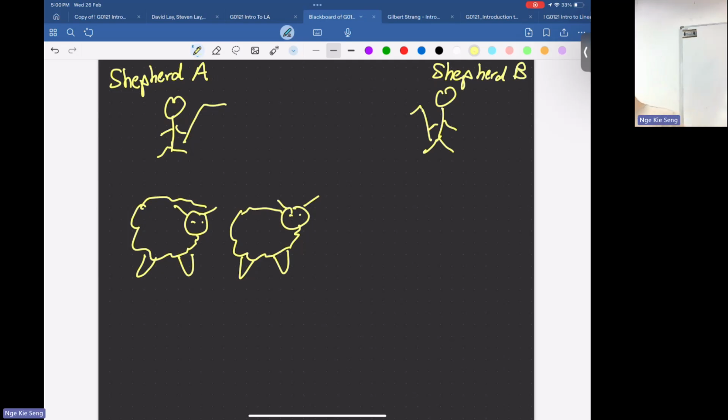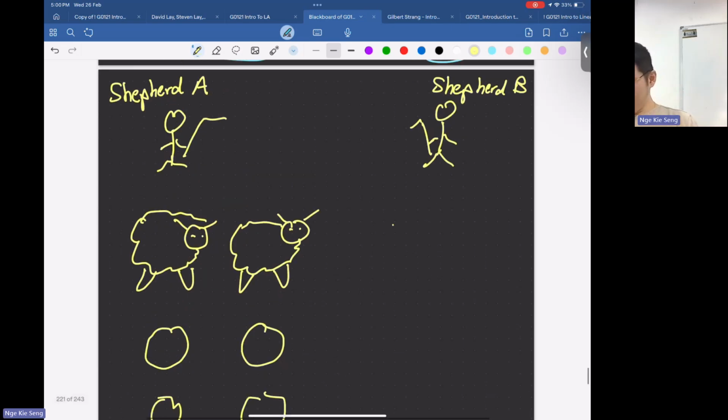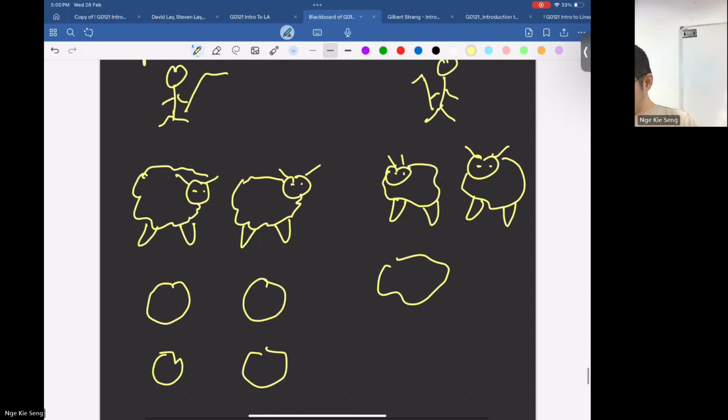Two shepherds here. Shepherd A raises some sheep, so let's draw a circle here. Shepherd B also has some sheep. I want to give you an idea.